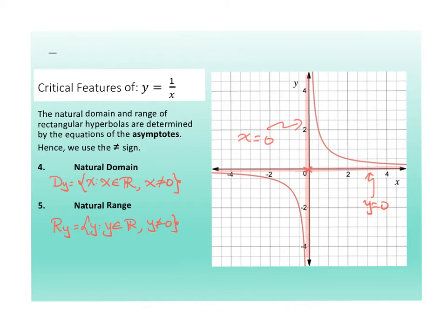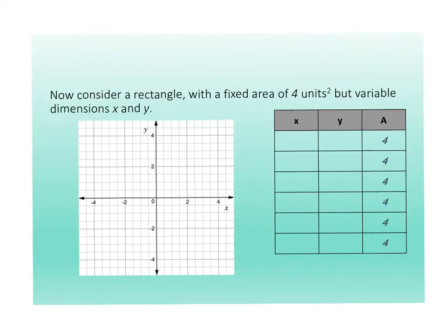We are now going to look at the first transformation of a parabola, which is dilating a parabola. Let's consider another rectangle. This time the area is 4 units squared. So xy is 4, and therefore y is 4 over x.